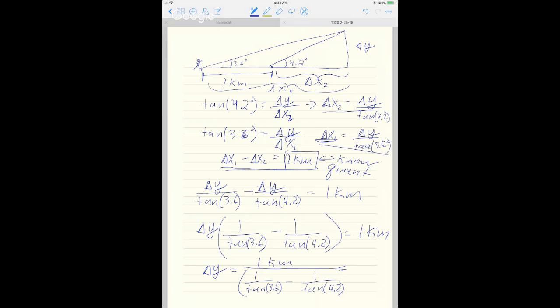And that computation results in a value of 1.439 kilometers. All right, so that one's a little trickier, but the same idea. I think we'll leave it there. Maybe I'll do one more.